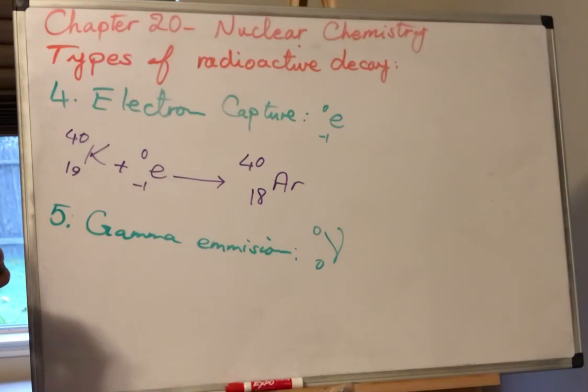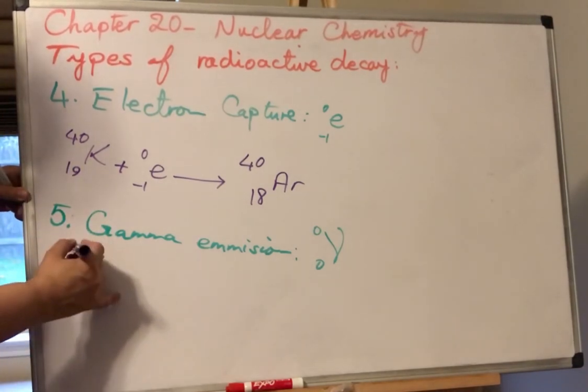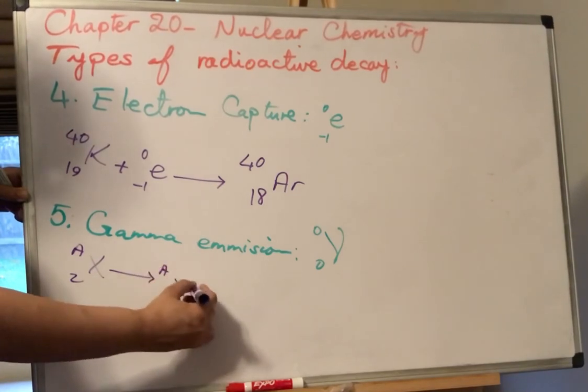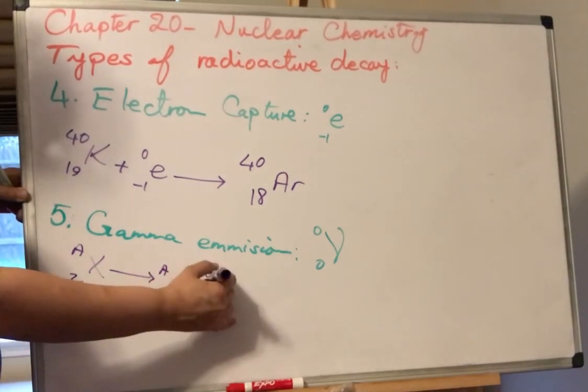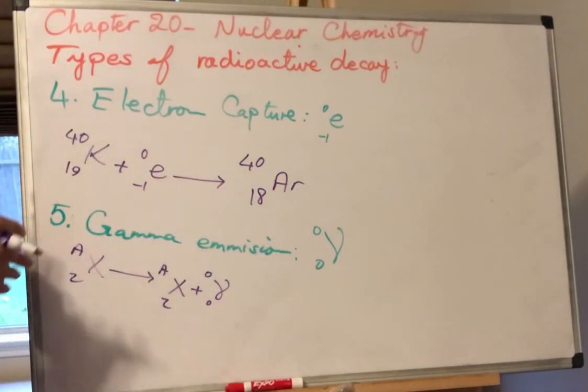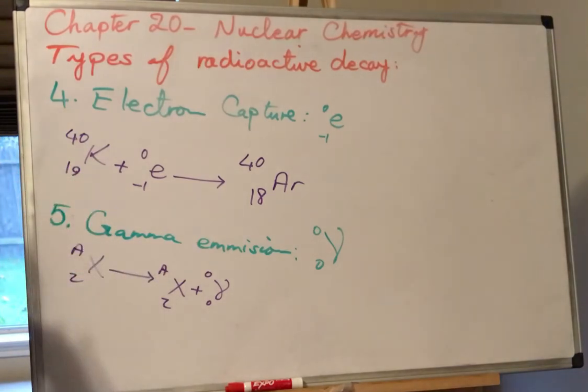So if you have a gamma emission, you have the same X with Z and A, changes to X with Z and A, but a gamma particle will be released. So if you have a question about which of these emissions does not change the nature of the particle, you will choose the gamma particle. So it is just about the excited atoms.